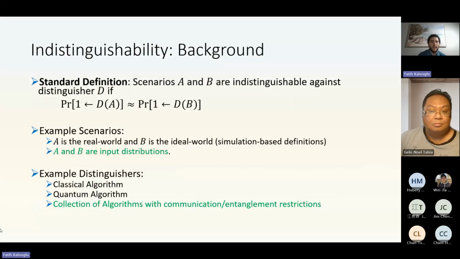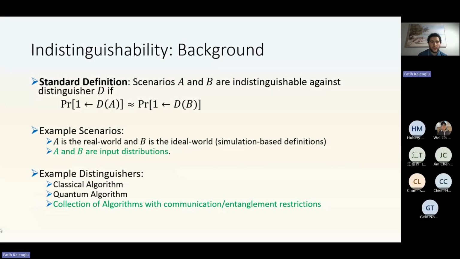So let's start. First, I'd like to talk about indistinguishability as a notion in cryptography. Typically, when we talk about indistinguishability, we have a distinguisher D, and this distinguisher D could be a classical algorithm, it could be a quantum algorithm, which we're more familiar with in our work, or it could be, as we'll study in this work, a collection of algorithms that have some restrictions of communication or entanglement amongst them.